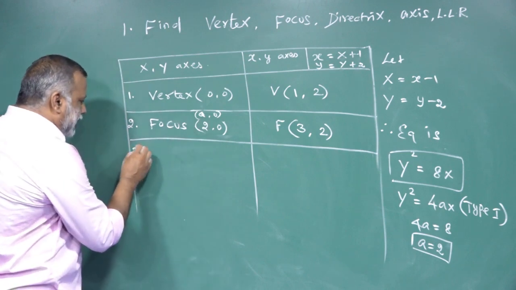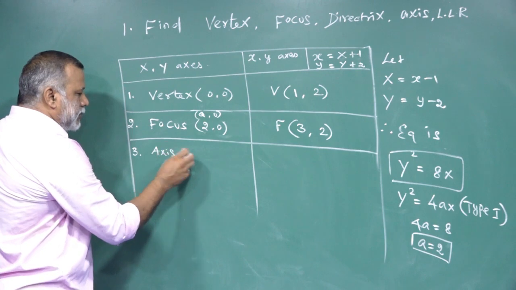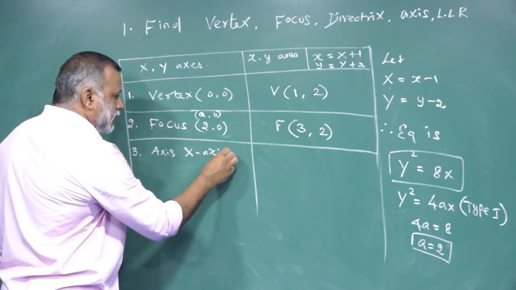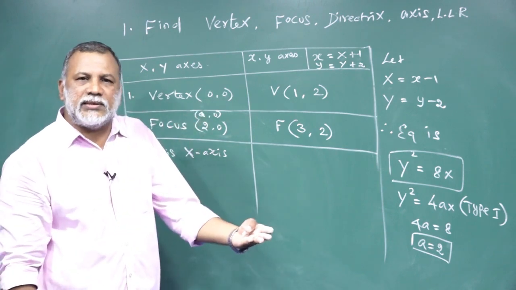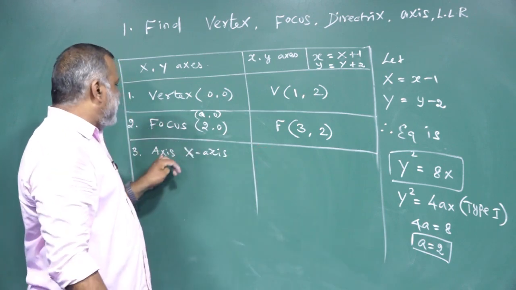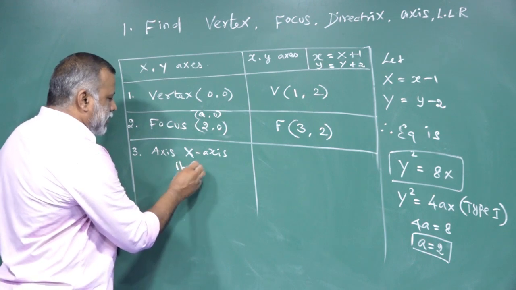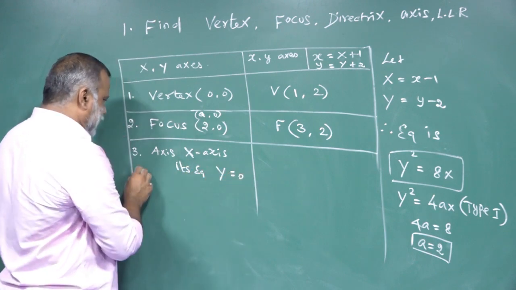Now the third one is axis. Axis is the capital X axis. Type number 1 is symmetrical about the x axis, so the x axis is the axis of symmetry. Its equation is capital Y equal to 0.